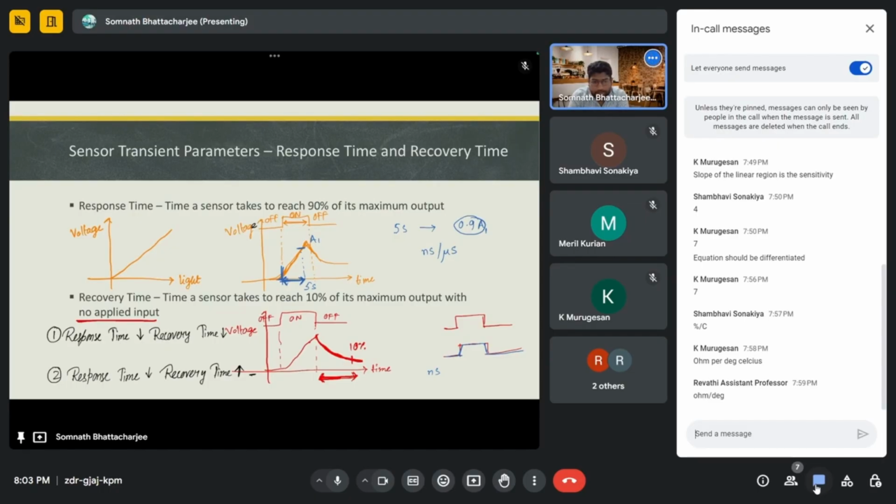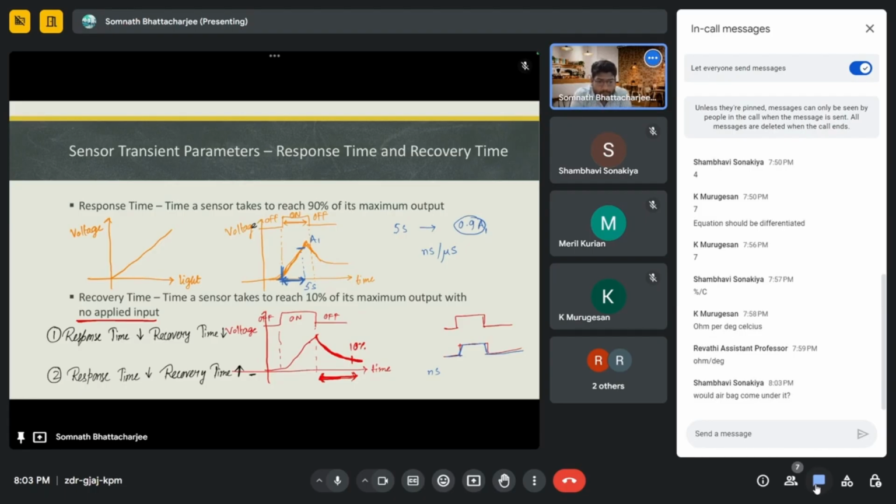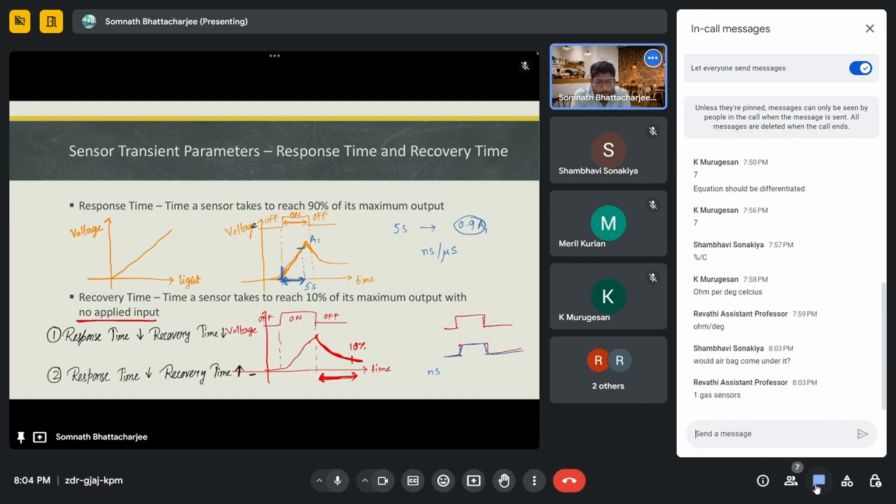Any idea? Maybe something related to cars or something. Yeah. Can you explain a bit? Gas sensors.